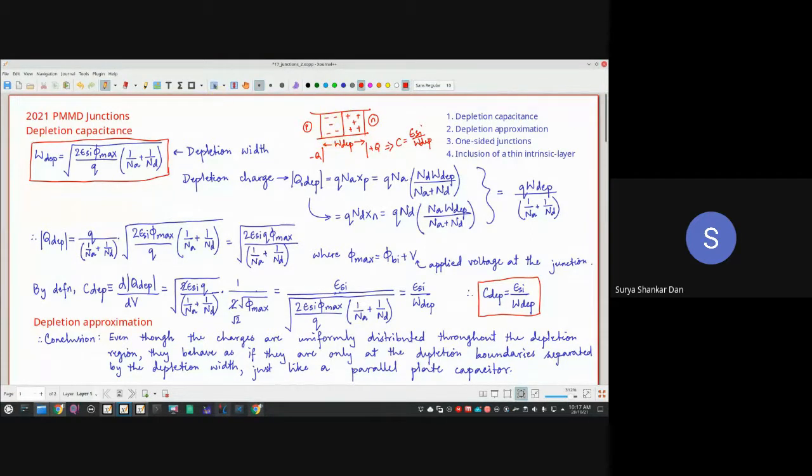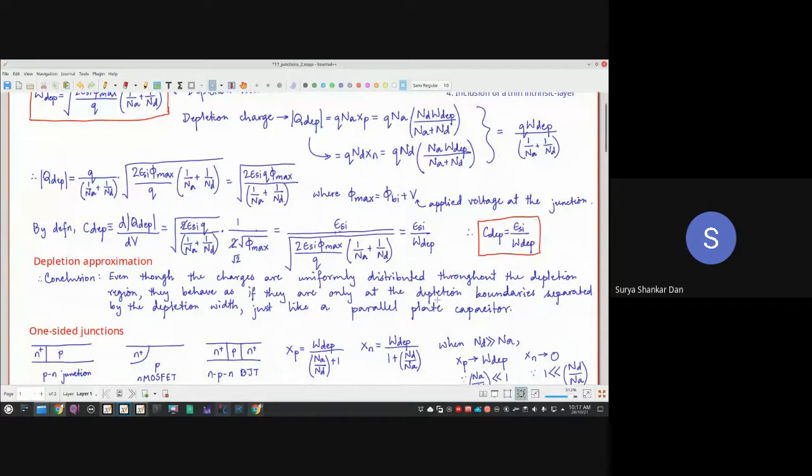I thought this is a very important thing that you have to keep in mind. In interviews you can say that it can be mathematically proven that even though the charges are uniformly distributed, the depletion charges will behave as if they are accumulated only at the depletion boundaries.